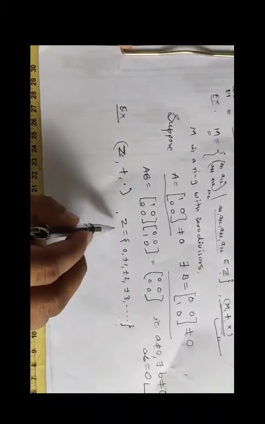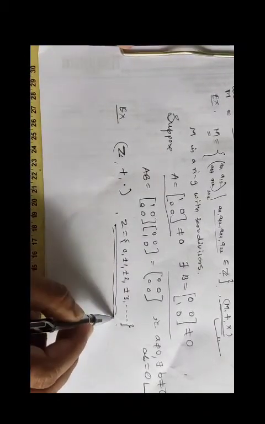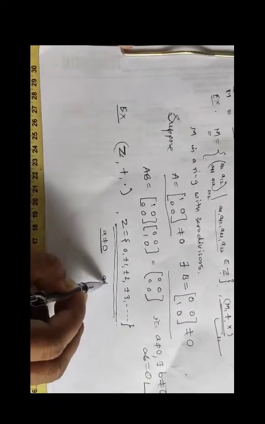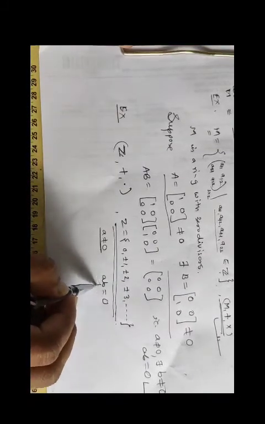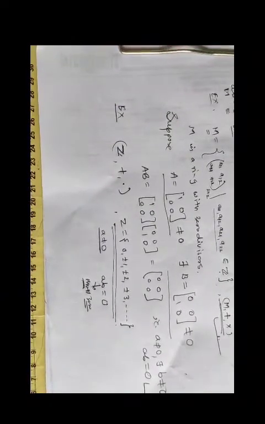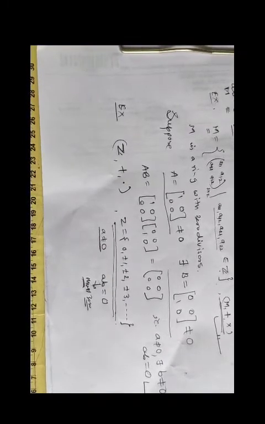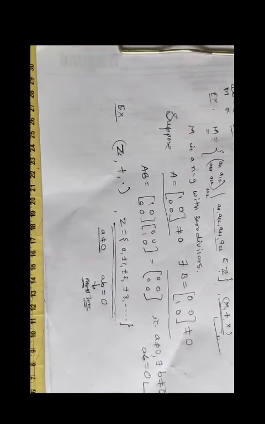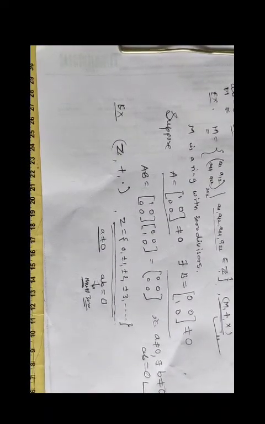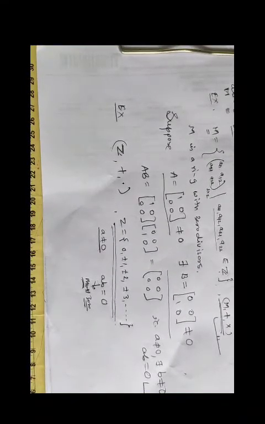So here, for the set of integers, for any non-zero element A, if there exists an element B whose product with A is 0, then B must be 0, no chance otherwise. In integers, if the product of two elements is 0, then it is necessary that one of them must be 0.